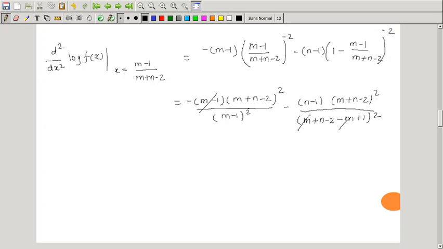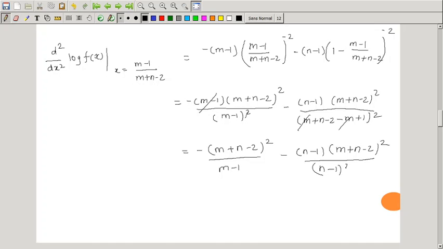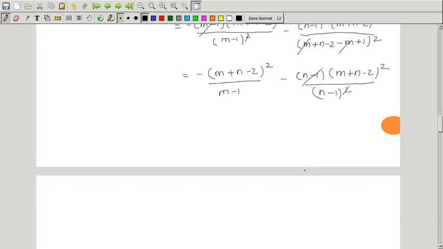Here this m minus 1 cancels with this, so only the remaining term: minus (m + n - 2) bracket square upon (m - 1), minus (n - 1) (m + n - 2) bracket square divided by (n - 1) bracket square. Again, n minus 1 cancels with n minus 1.